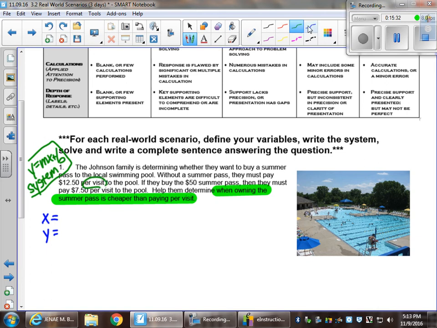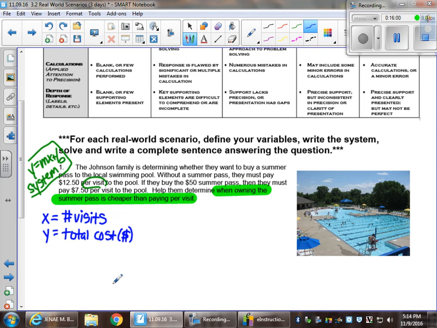Per visit. So X equals number of visits. And again, big picture, what's the total we're talking about? We're talking about total cost. Once you know how many times you go, then you'll know how much it'll cost you in total. We've defined our variables, so we are now ready to set up our system.